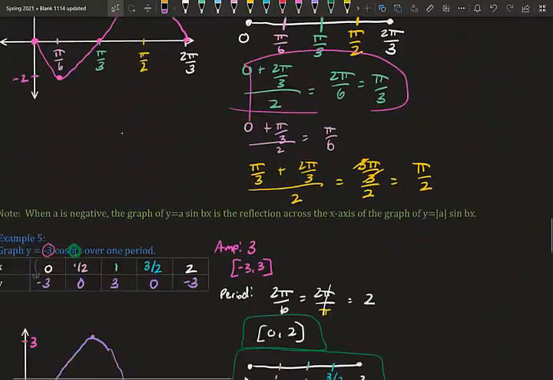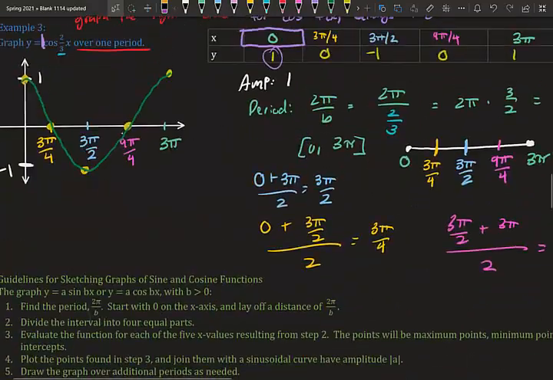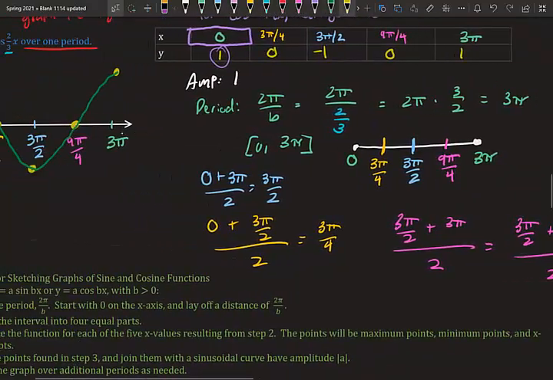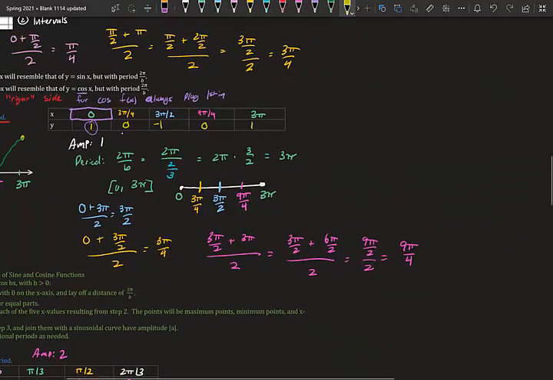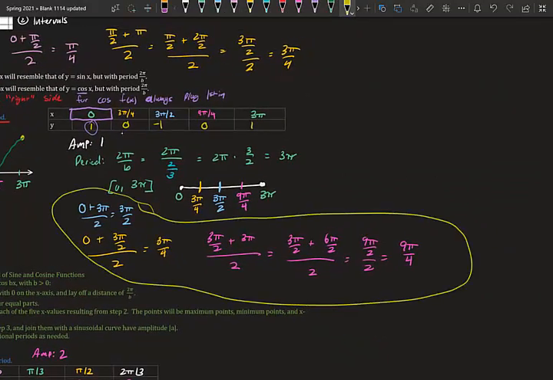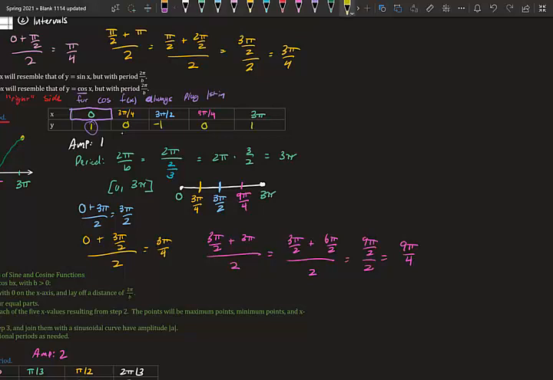Now this part right here, your period, some of you can do this, what I circled, in your head. That's fine. You don't need to show me that. What I'm going to be looking for is our chart, our amplitude, and our period.